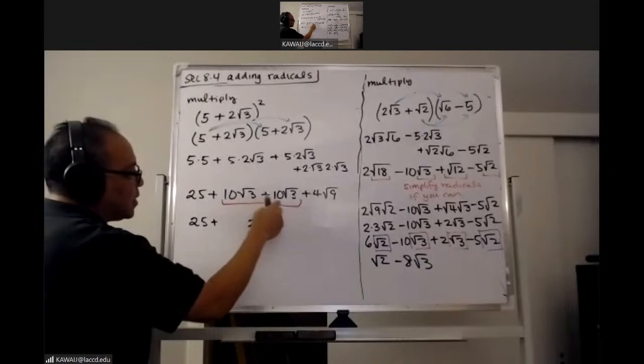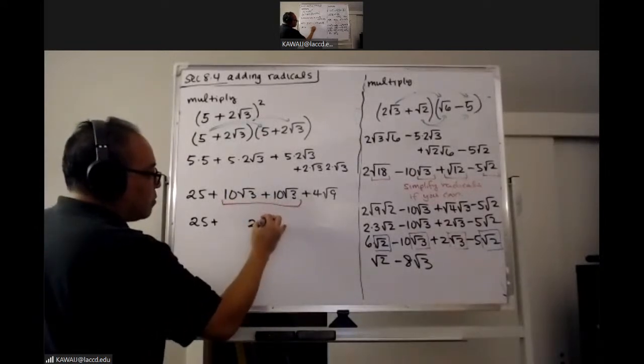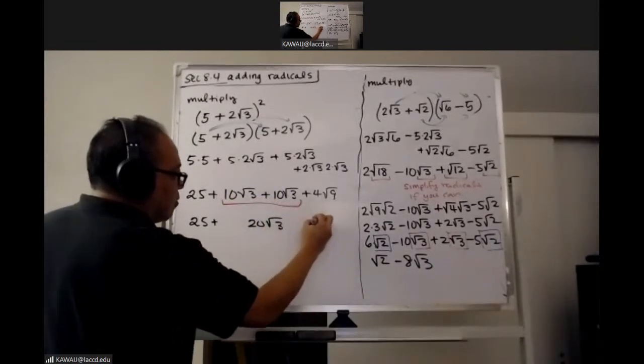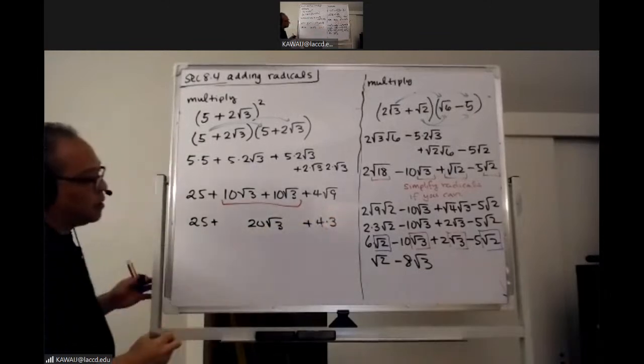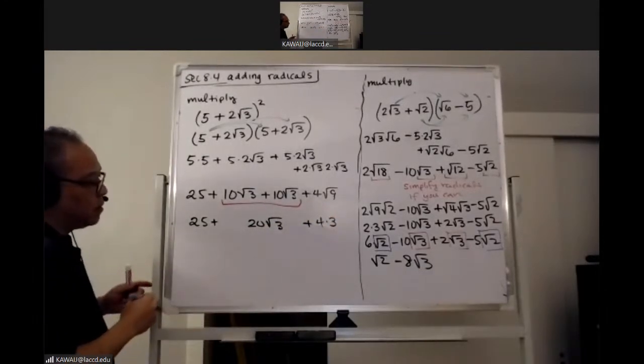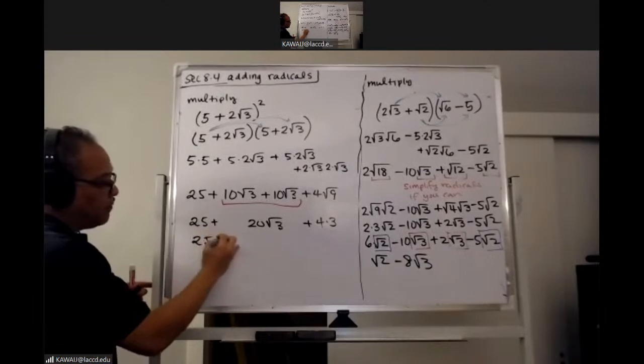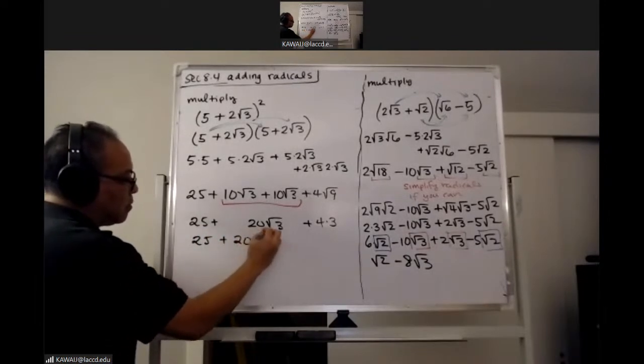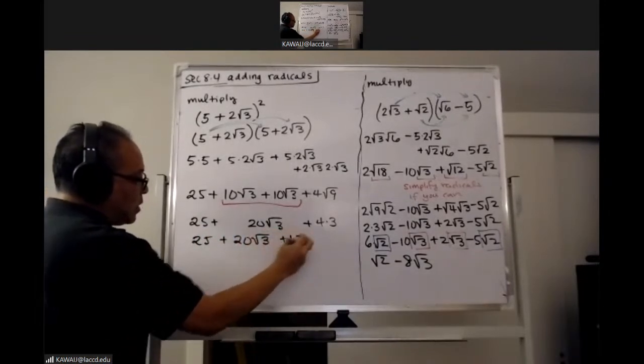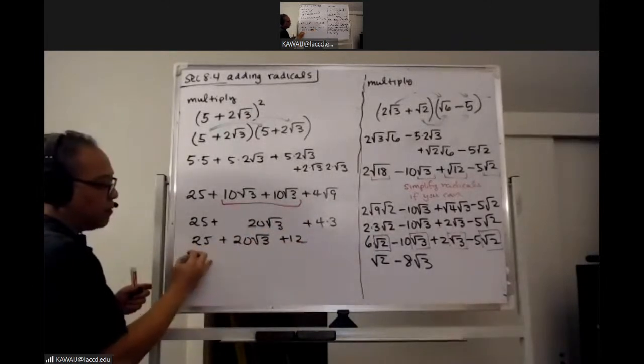I've got 10 of these and 10 of these, so now I have 20 of them. So I have 25. And now I can add the 12 and the 25.